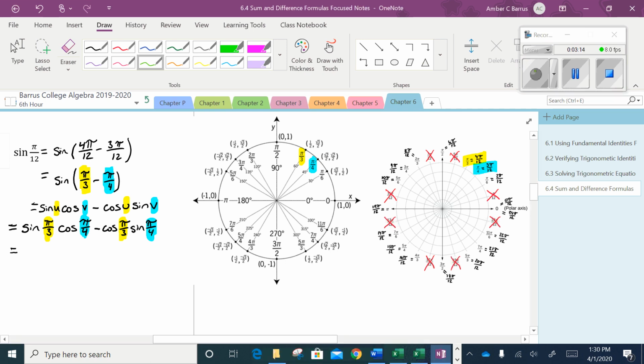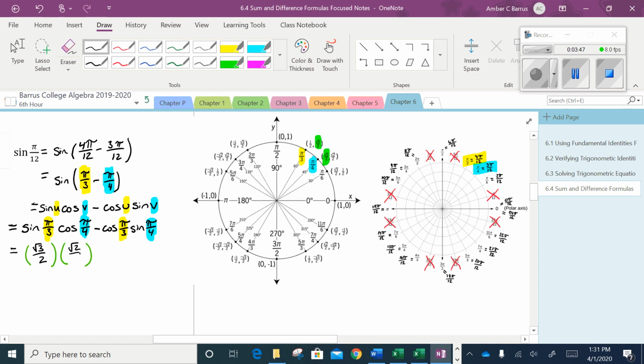So we want to know what is the sine of pi over 3. The sine of pi over 3 is radical 3 over 2. But we also need to know what is the cosine of pi over 4. And we see that the cosine of pi over 4 is radical 2 over 2. So we want to plug that in as well.